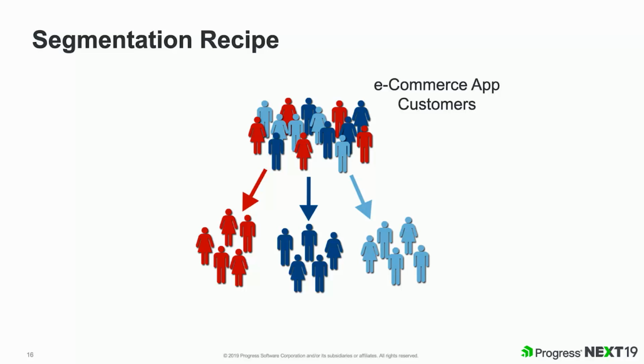So what you have are a whole lot of people. So the idea is to run segmentation so that you are able to segregate people into groups and then label them. So this group of people are deal hunters. So this group will only be interested in buying your phone if they see some discounts.